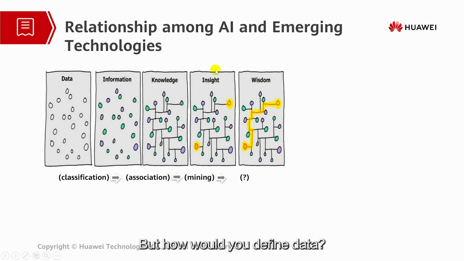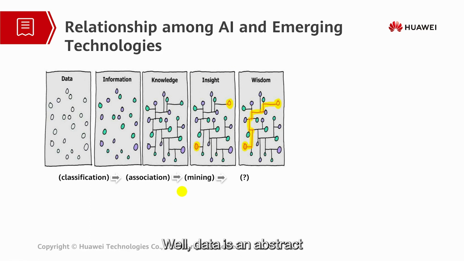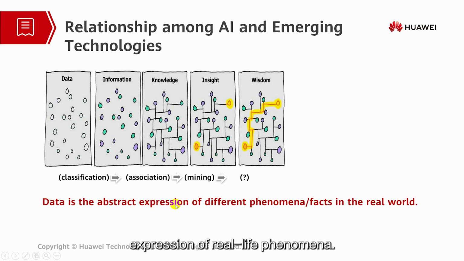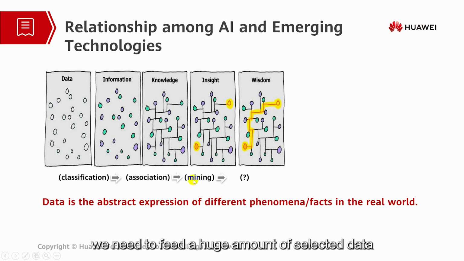But how would you define data? Is data the same as information? Is data something that can only be stored in database systems? Well, data is an abstract expression of real-life phenomena. Therefore, to solve our real-life problems with machines, we need to feed a huge amount of selected data to the machine or algorithms for processing.